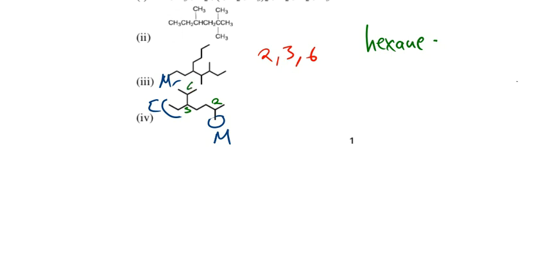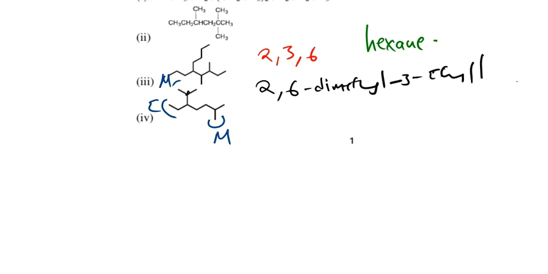So from the top it's better. So we'll say 2, 6. It's at 2 and 6 where we have dimethyl, and then on position 3, that's where we have our ethyl, so 3-ethyl-2,6-dimethylheptane.